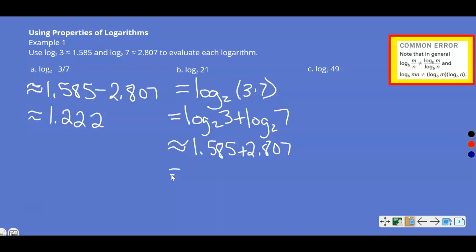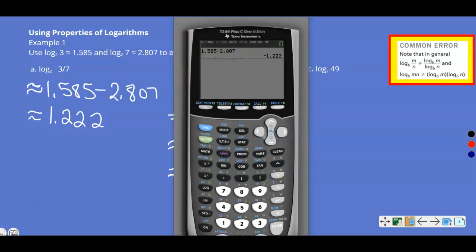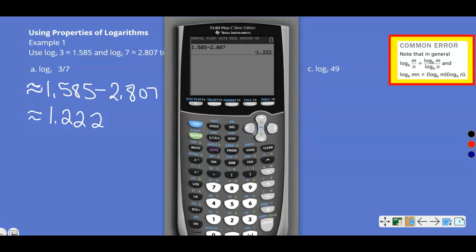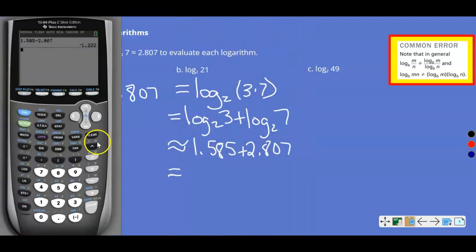And that's going to be approximately equal to 4.392.